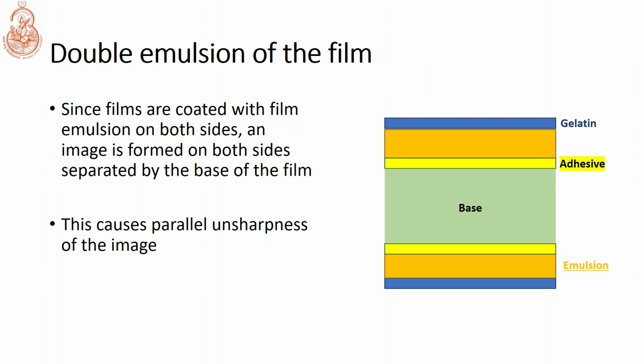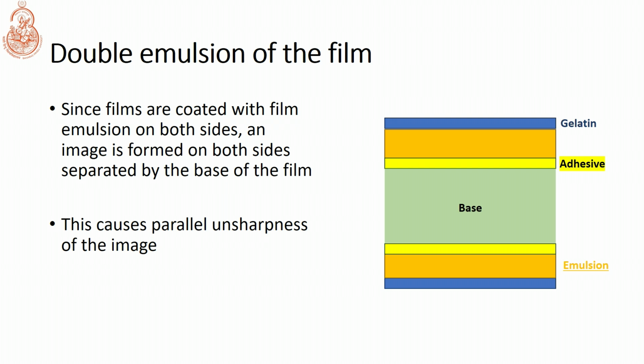Underneath that we get emulsion, underneath that we get an adhesive, and all of this is placed on a base, and it is present on both the sides. This emulsion has the silver halides in it. So the image, whatever is going to come, is going to be formed on this emulsion portion of the film.